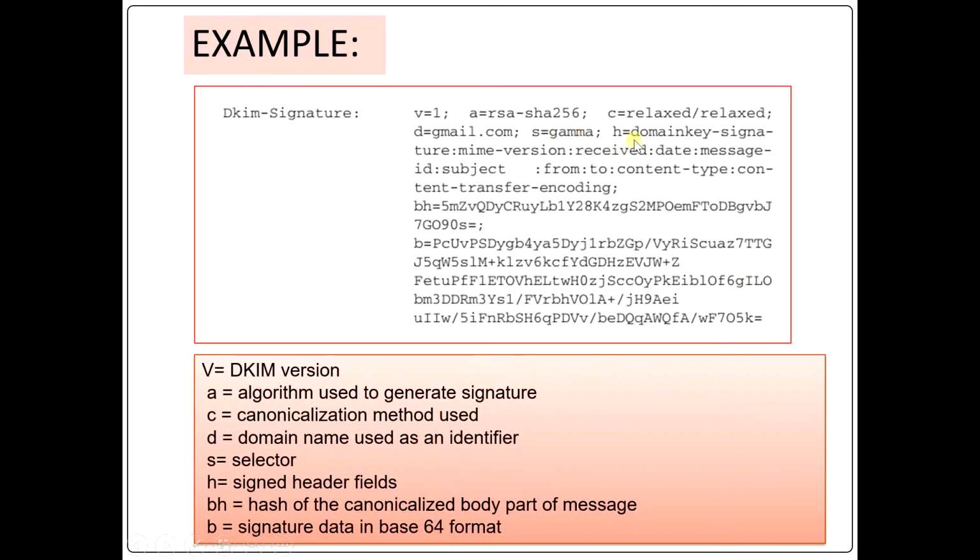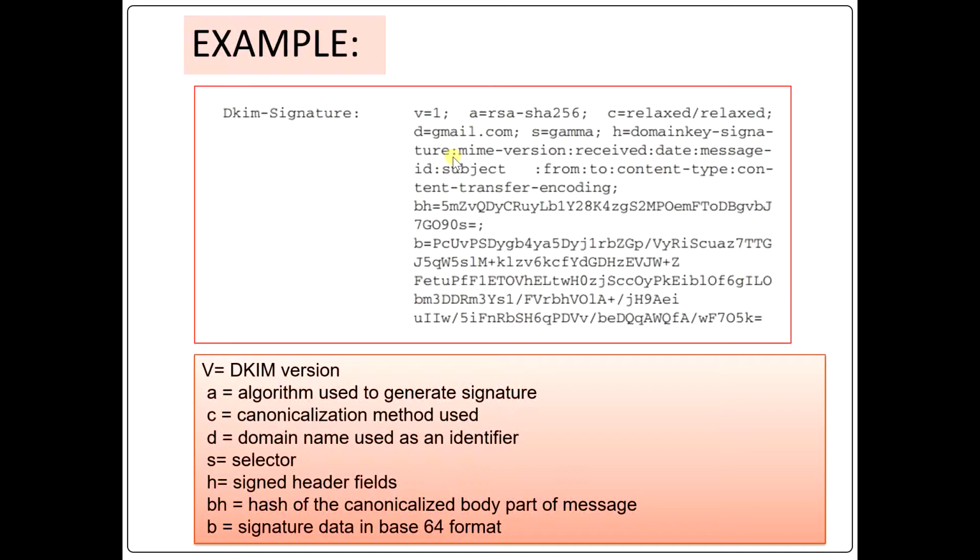Then we have h, which is the signed header field, and this is basically a colon-separated list of header field names that identify the header fields presented to the signing algorithm.